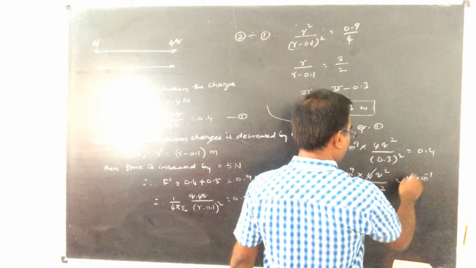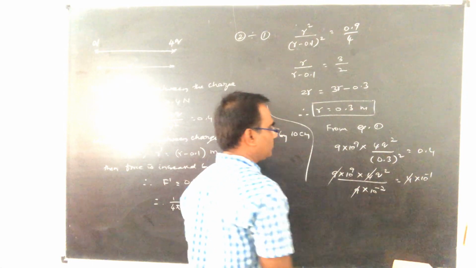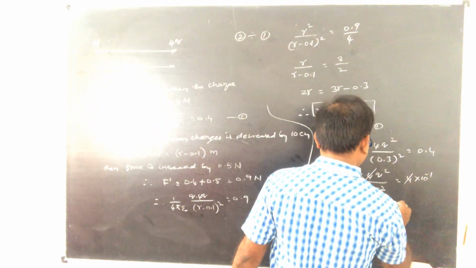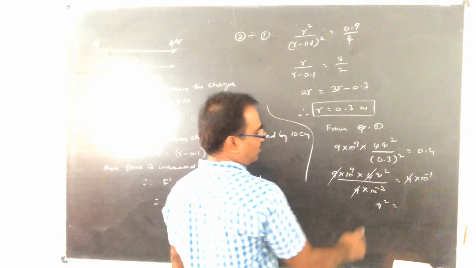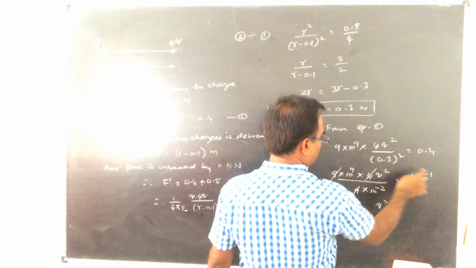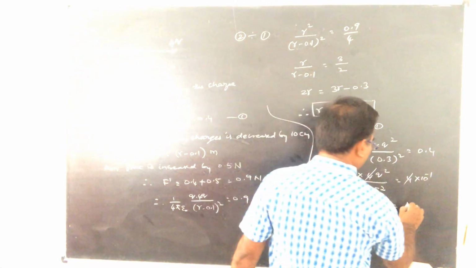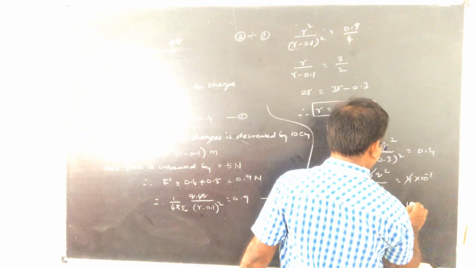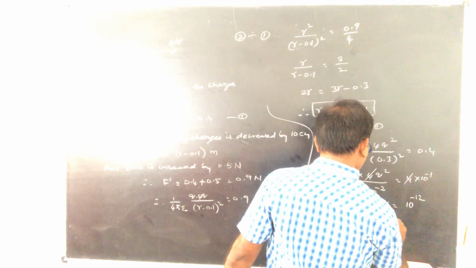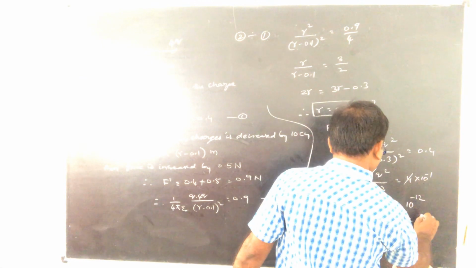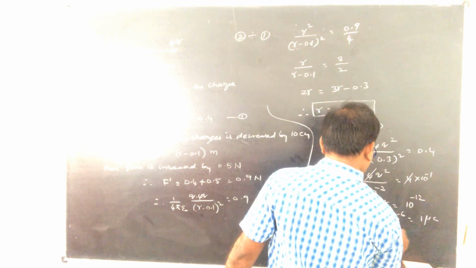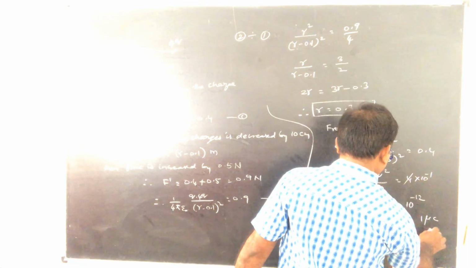So you strike off these common terms. So this q square, this is 10 to the power of minus 3, and when this term goes this side, 10 to the power of minus 9. So it becomes 10 to the power of minus 12. Therefore, q is equal to 10 to the power of minus 6, that means 1 microcoulomb. And this 4q, the second charge is 4 microcoulomb.